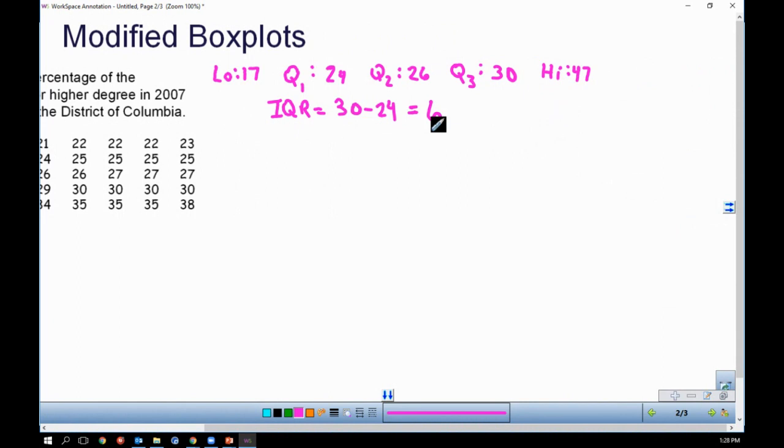Okay, what I recommend is before doing any of the box plot, let's go on and figure out what is Q1 minus 3 IQRs. What's that equal to? It's equal to 6. Okay, Q1 minus 1.5 IQRs.